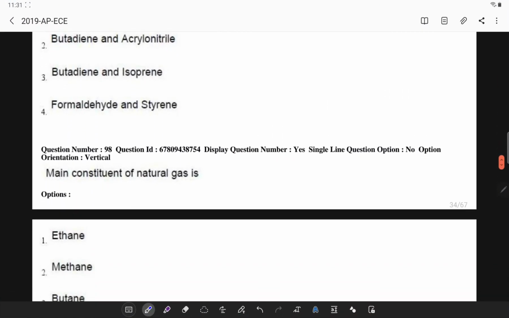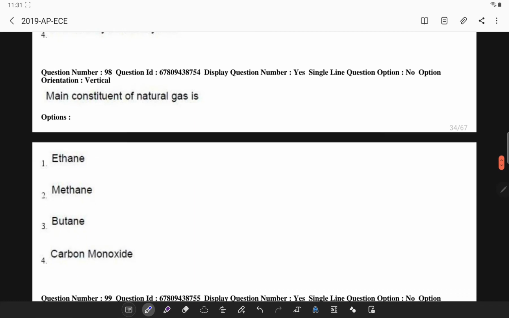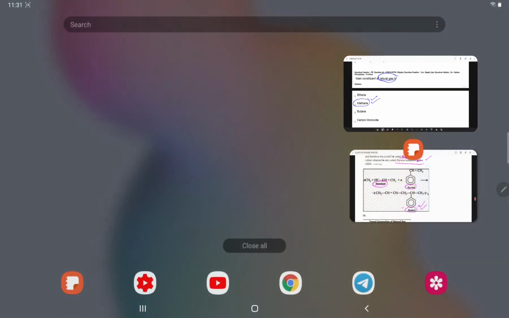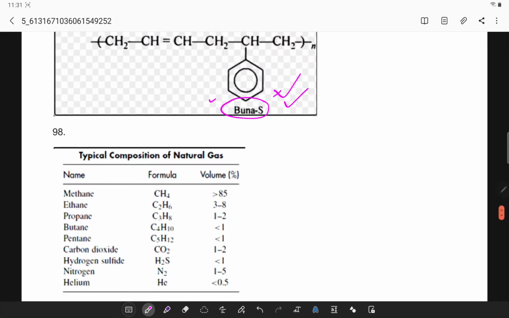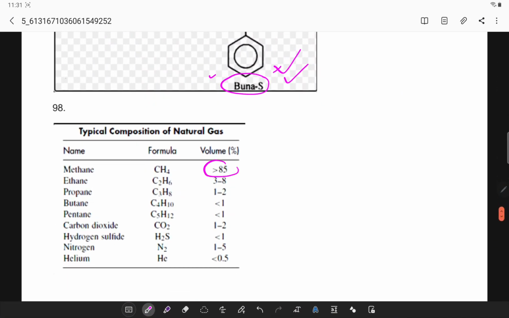Next, what is the main constituent of natural gas? Natural gas is basically methane. This is a typical composition. Majority, about 85% of natural gas, is methane.